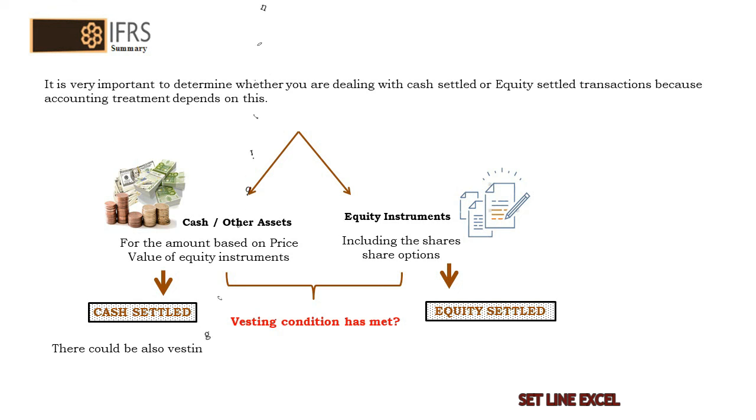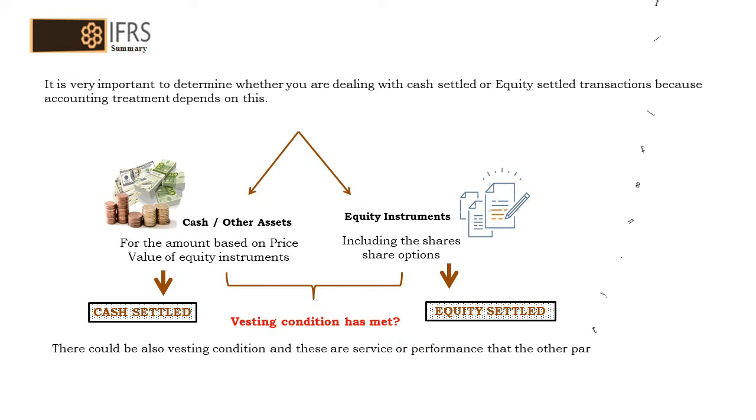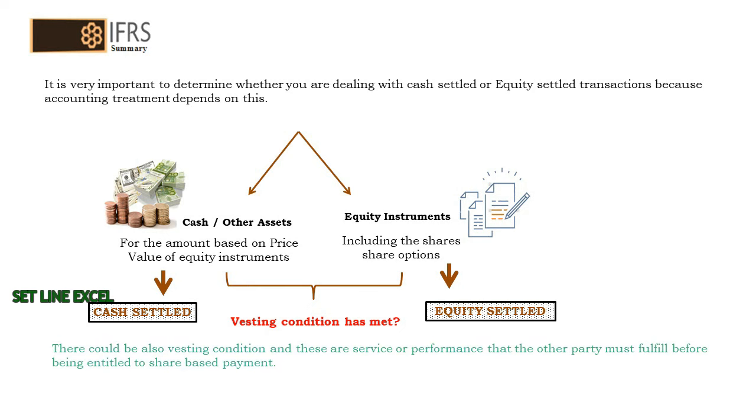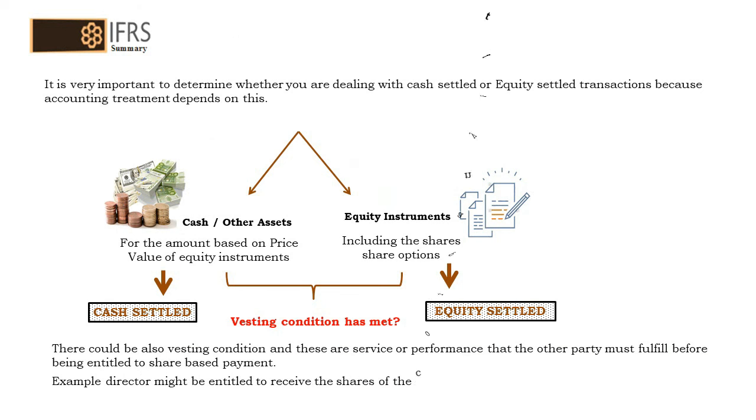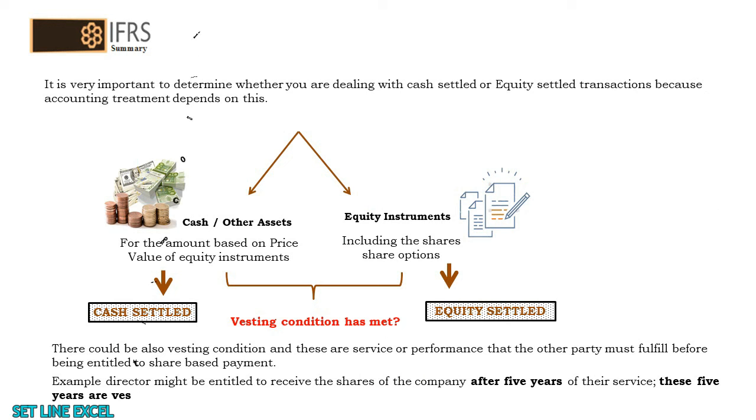There could also be vesting conditions, which are service or performance that the other party must fulfill before being entitled to share-based payment. For example, a director might be entitled to receive shares of the company after 5 years of their service. These 5 years are the vesting condition.